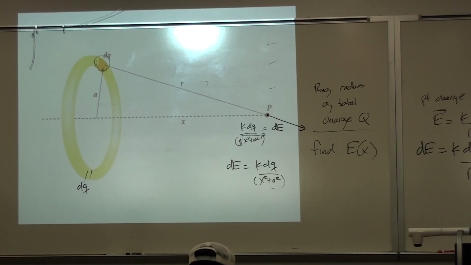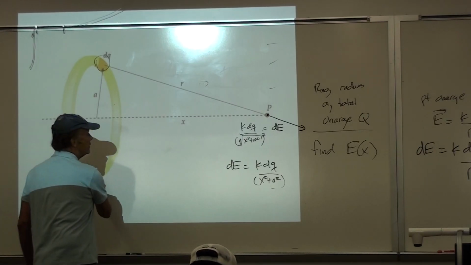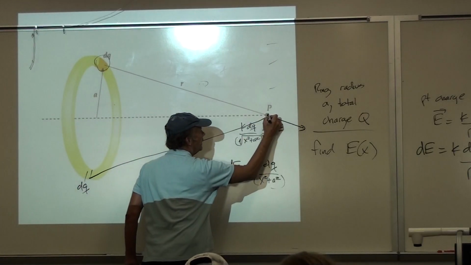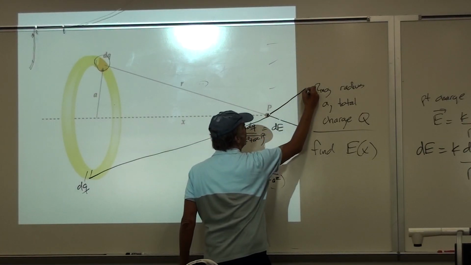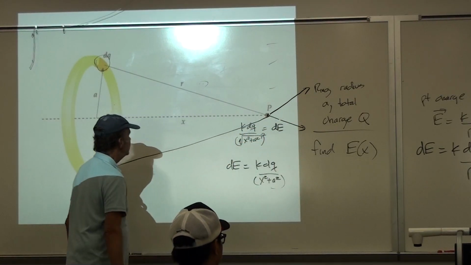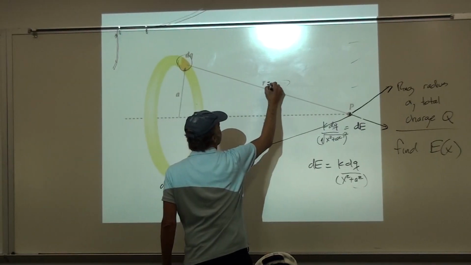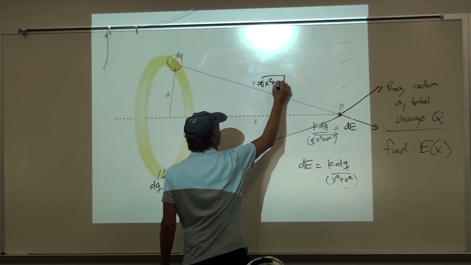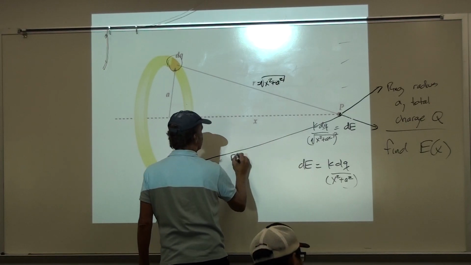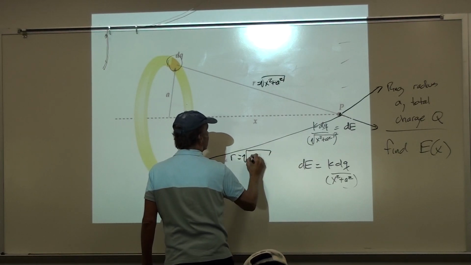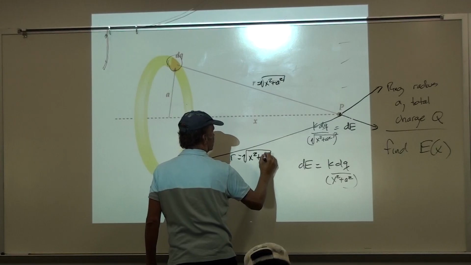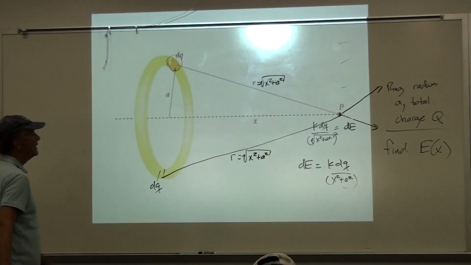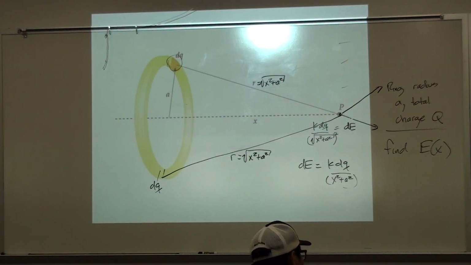No, it doesn't. All of these points on the thin ring have a distance that's the same. So this is the square root of x squared plus a squared, and this is also the square root of x squared plus a squared, where x is some distance along the axis.